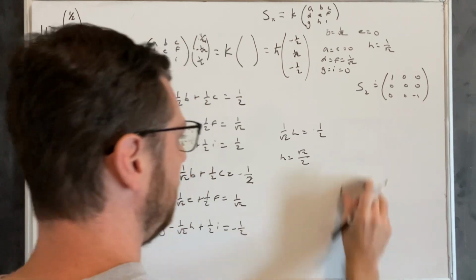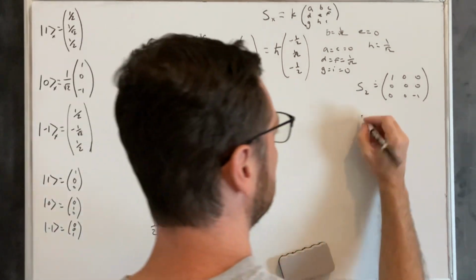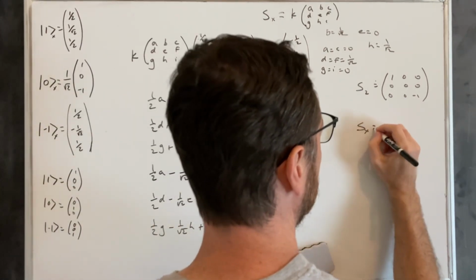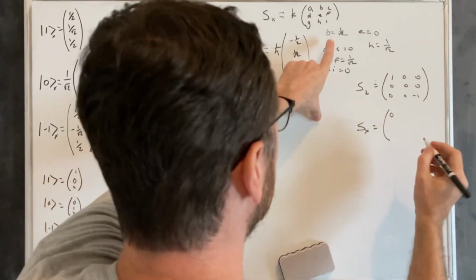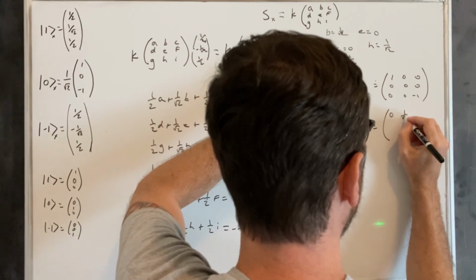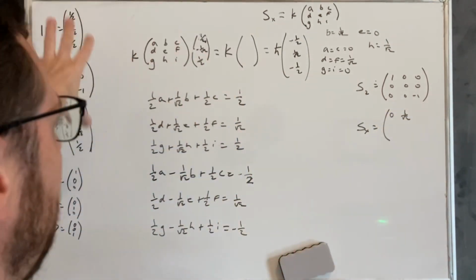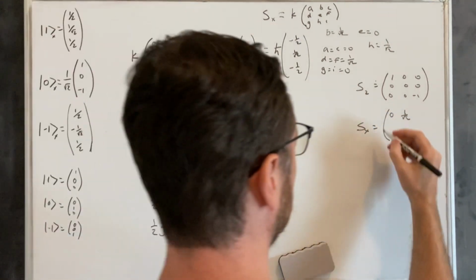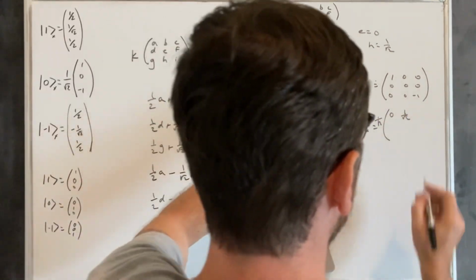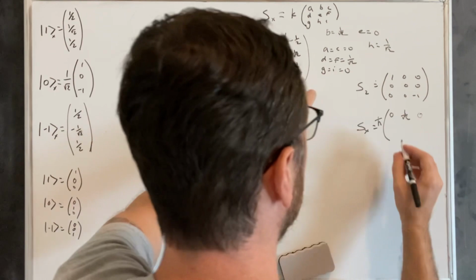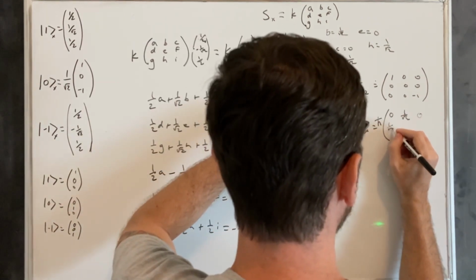So that's going to leave us the matrix, if we can find all of our letters here. So Sx is equal to, A is 0. B is 1 over root 2. Also, remember, we did have an h bar over here somewhere. So we have an h bar on the outside. C is 0. D is 1 over root 2.